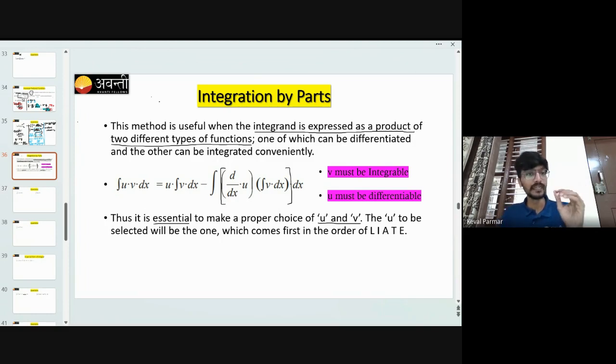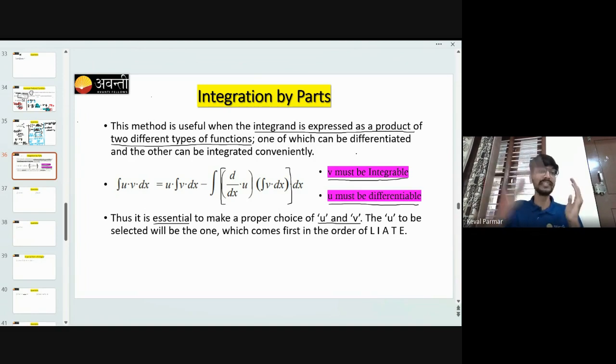If you remember, in differentiation, we do not choose who is u, who is v. We just took randomly, कोई भी u ले लेते हैं and कोई भी v. But in integration, we must choose u and v very carefully. And here is the biggest hint: v must be integrable, and u must be differentiable. This is a basic choice.